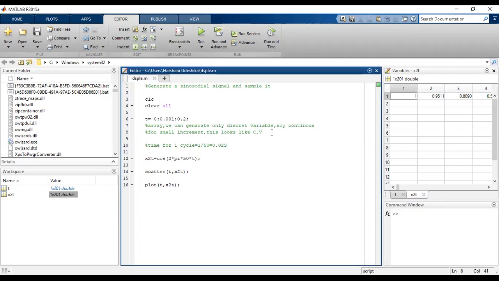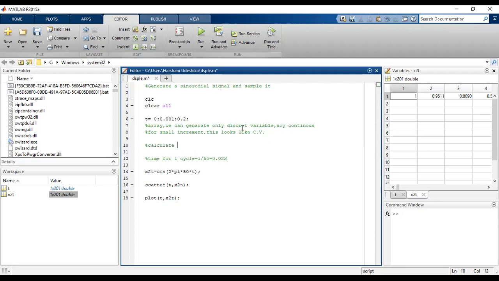Then select the time span for only 10 cycles, very few cycles.